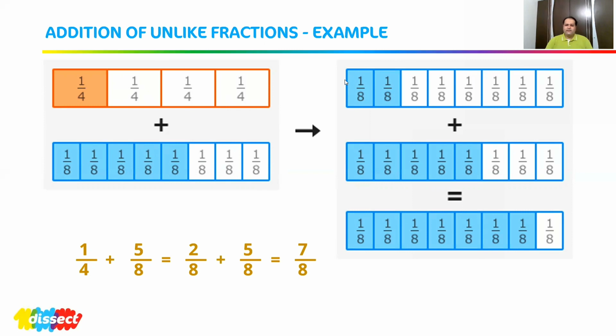Let us look at it even in the visual format. I have 2 parts selected here out of 8 parts. And I have 5 parts selected here out of a total of 8 parts. So if I pick up these 2 and I add 2 parts here, then I will have a total of 7 parts selected out of the 8 parts. And that is what my answer is.